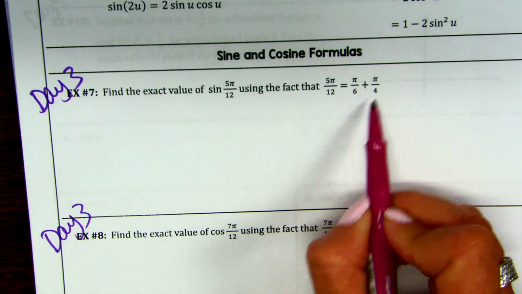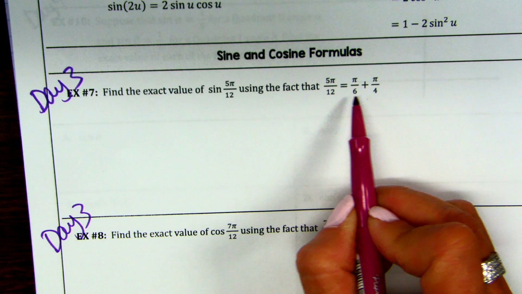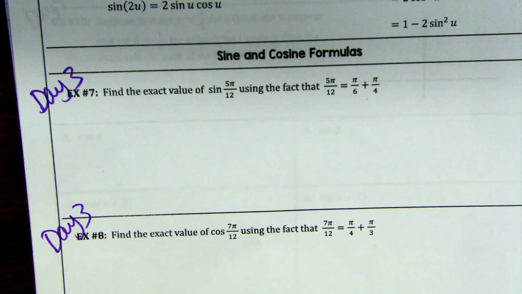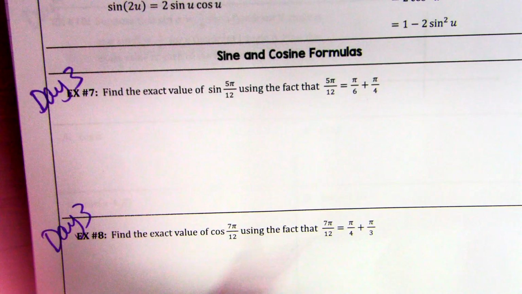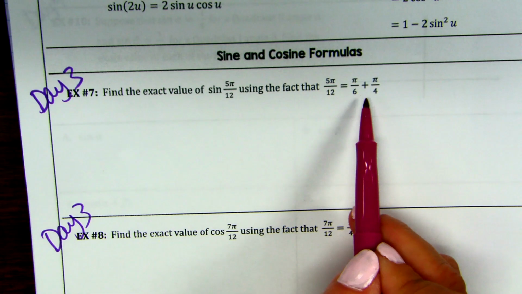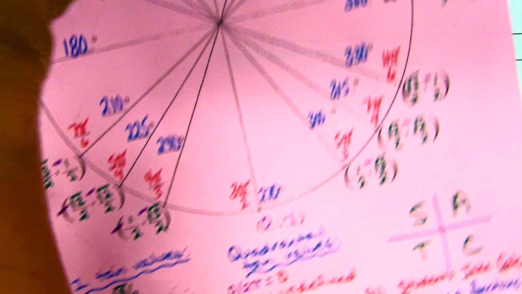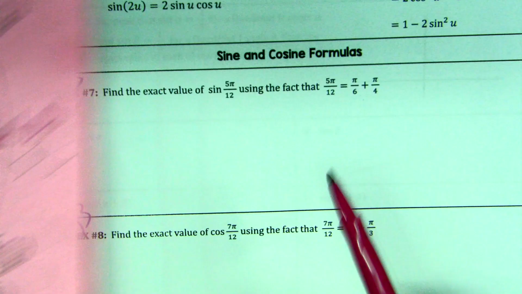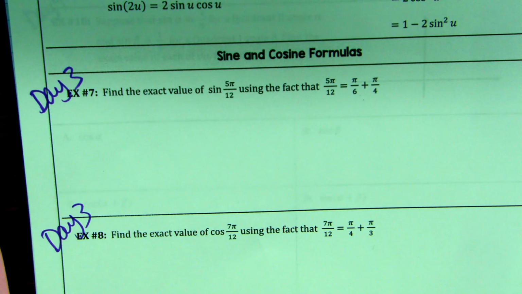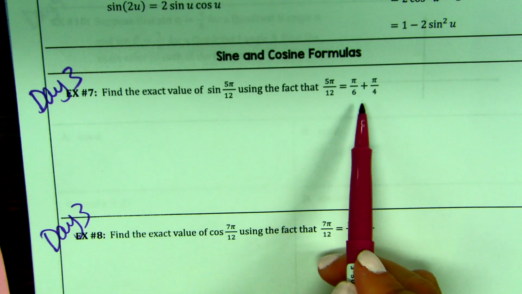You can use any two angles on the unit circle. And by the way, you can add or subtract. You might have a really big angle in quadrant 4 that you subtract from an angle in quadrant 2, which gives you whatever they're asking for. But most of the time, we just stick with quadrant 1 angles because they're the easiest.